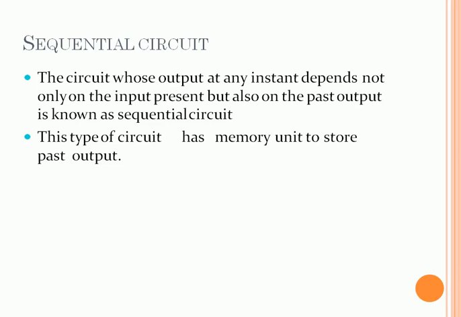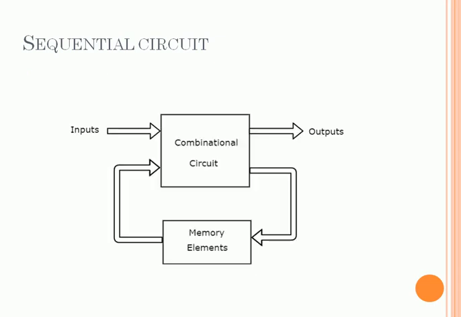That means when we take the output from a sequential circuit, that particular output will depend upon the input present at that particular instant and also on the previous output. To store that previous output in the circuit, we need a memory unit. So this type of circuit has a memory unit to store the past output.